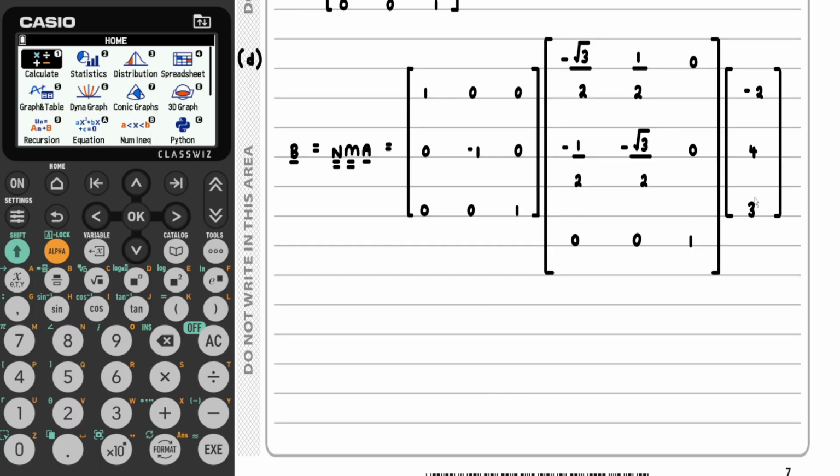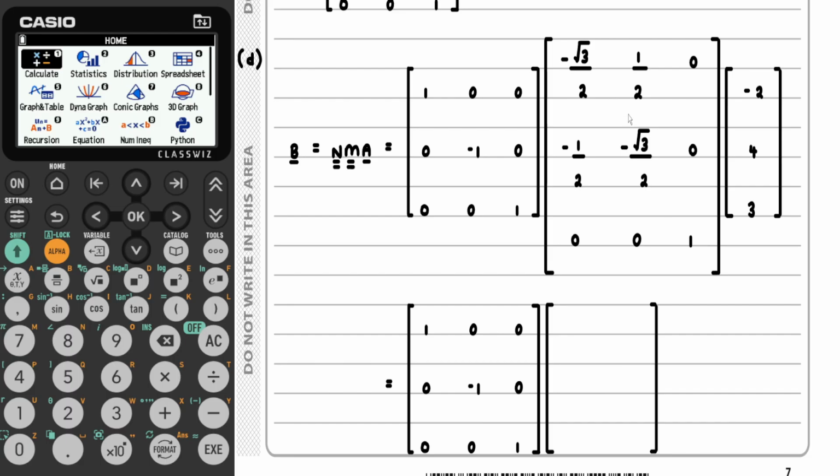Here we have to work right to left. So we've got the matrix N, that remains unchanged, and now we have to multiply M and A.